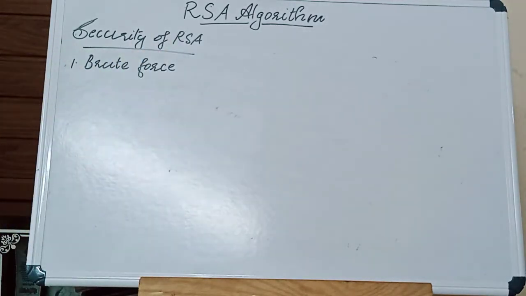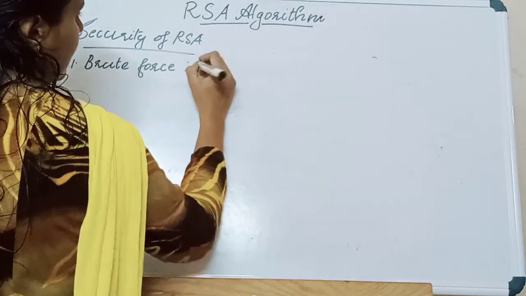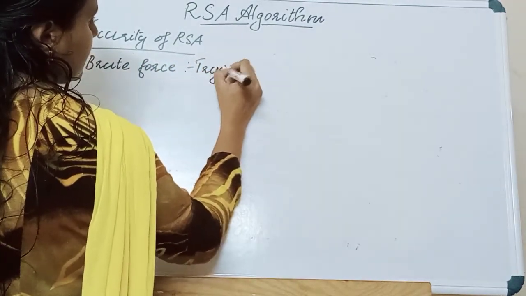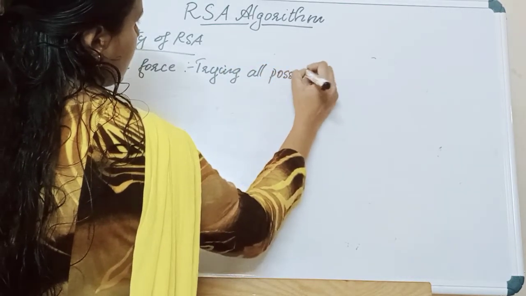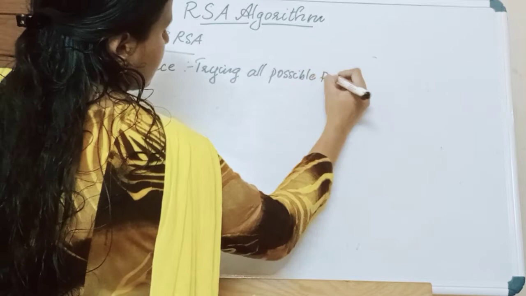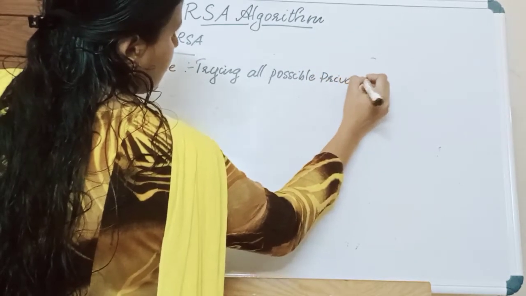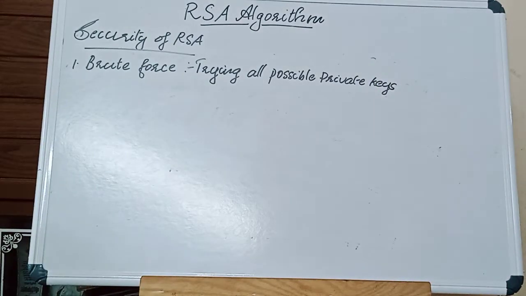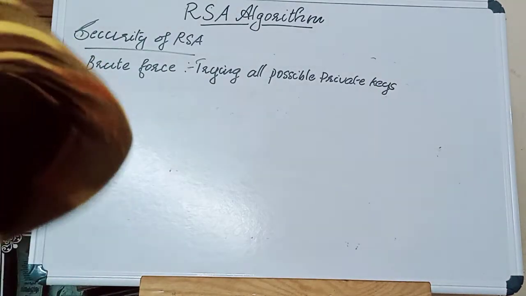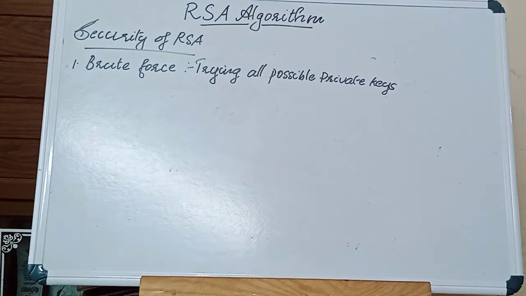This involves trying all possible private keys. In the case of RSA, the key size is large, so trying all possible key combinations is difficult.